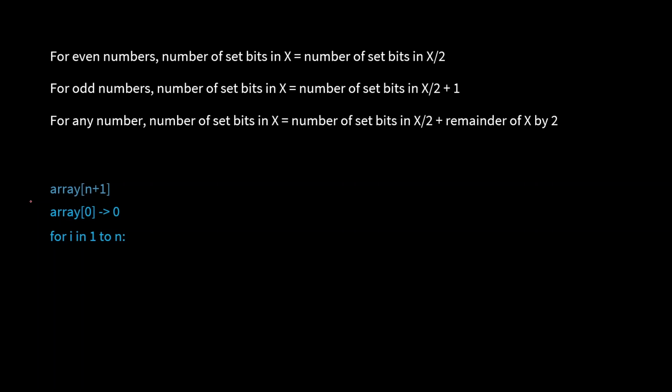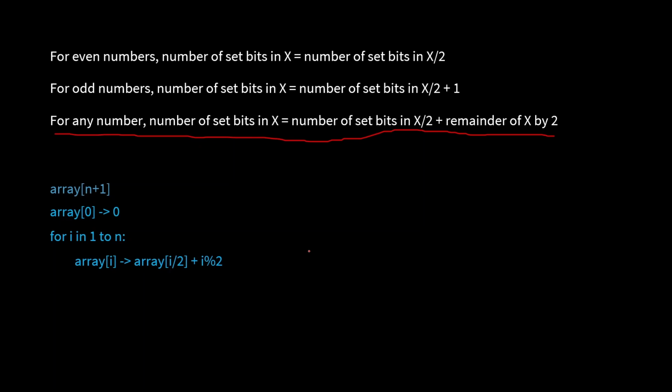That means from index 1 to index n, and we will apply our recurrence relation for every index. So how can we do it? We will assign array of i to array of i divided by 2 plus i remainder by 2. So this will generate the number of set bits for every index.